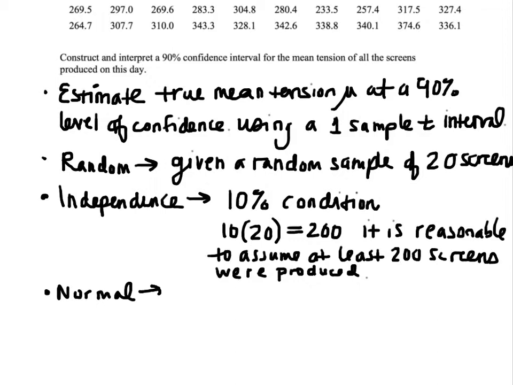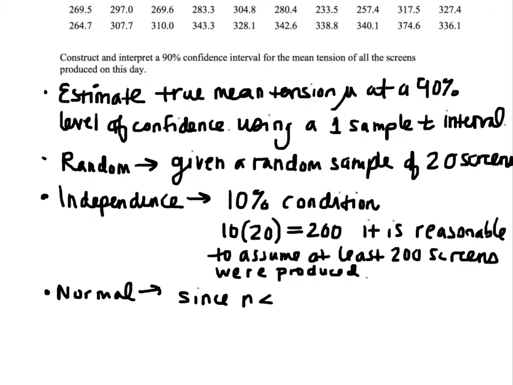So what you need to do is check whether it's reasonable to believe that the population is normal, meaning you should look at some visual display of the distribution and ask yourself, well, is there anything stopping me from saying that this could be a normal population? Is it strongly skewed? Are there major outliers? Okay.